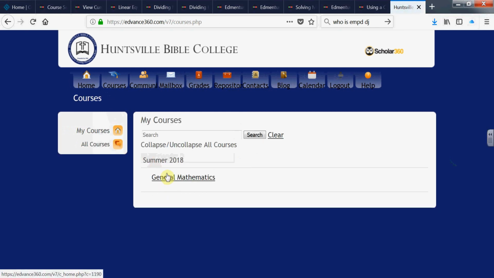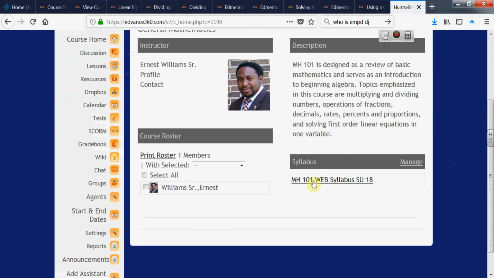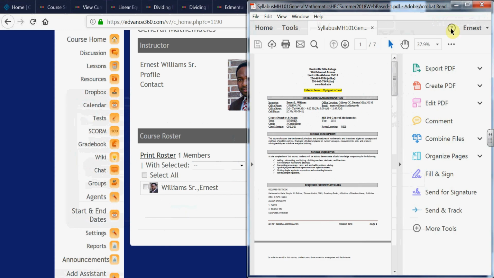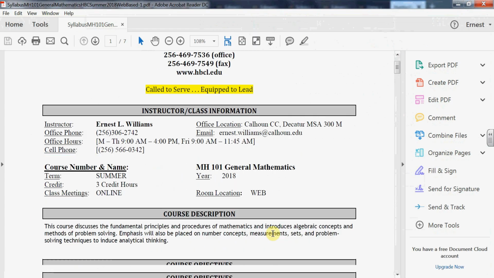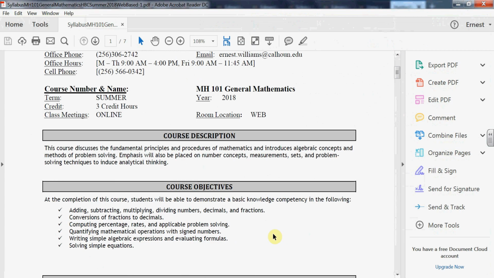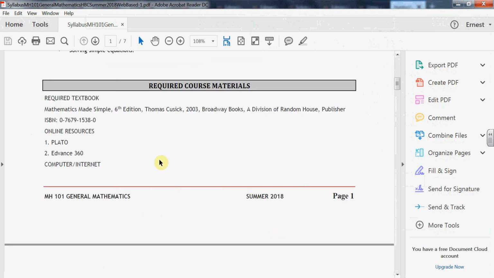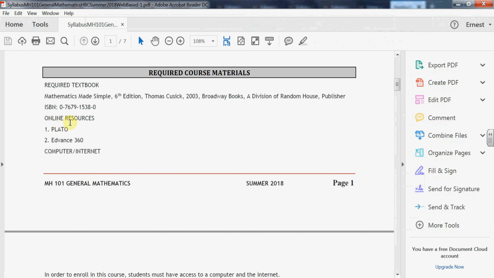We find our course. The syllabus will also be listed. The syllabus is here. So all the information for this course is contained in the syllabus. There's a textbook. You can get the textbook at the bookstore on campus. The online resources would be Plato, Advanced 360, and you want to make sure that you have access to a computer and the internet.